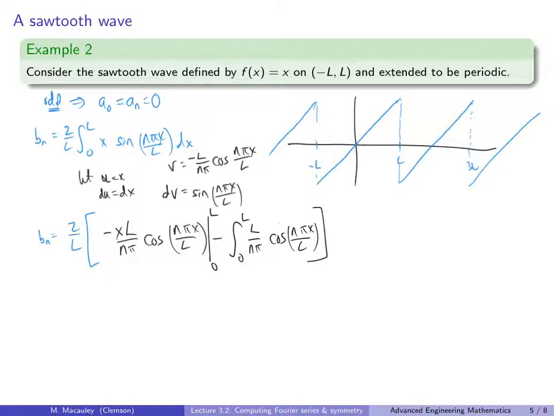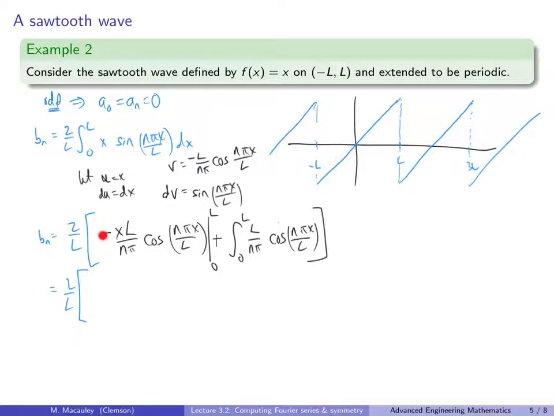Okay, so let's do this. So what happens? It's not clear how this is going to simplify. So this is 2 over L, and now let's plug in. So once again, one quick thing. I said minus v du, and there's a negative sign here, and there's a negative sign minus v du, so I need to make that positive.